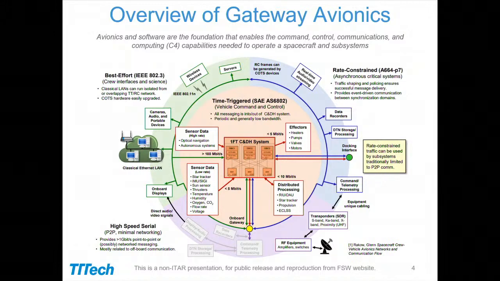Matt's going to go through a little more detail on what all that means. The center of it is one fault-tolerant command and data handling system, which the TTE products can support as well.